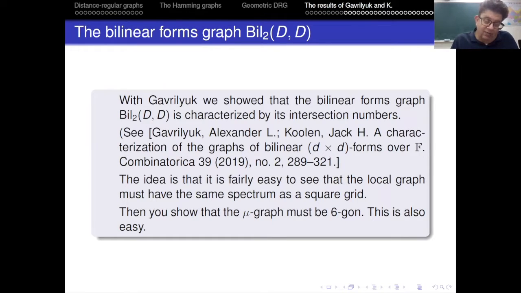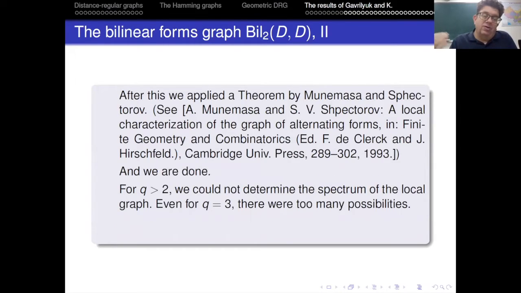You have to have a 2 regular graph on 6 vertices. There are only 2 graphs like that: 2 triangles, or the hexagon. And it's fairly easy to see that the 2 triangles cannot occur, so it must be the hexagon. And then we apply a theorem by Munoz and Spektorov, and then we are done.